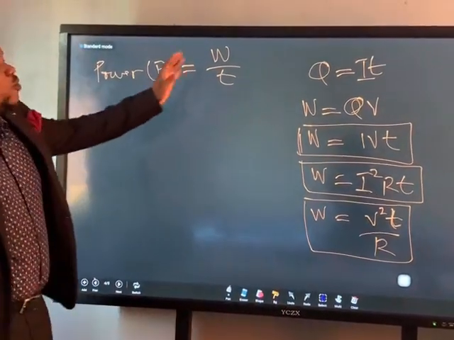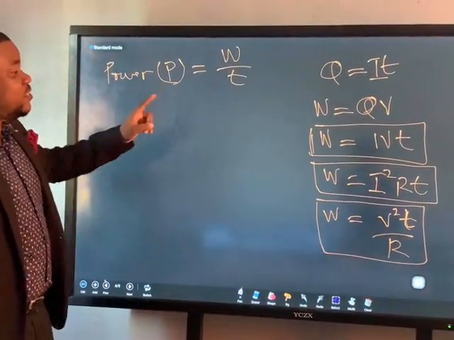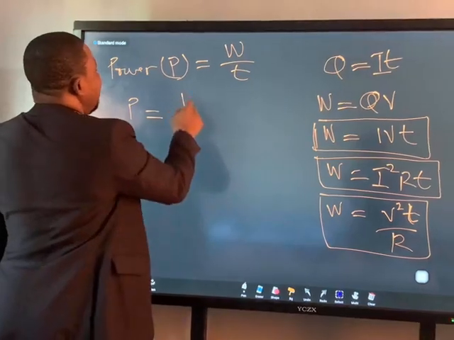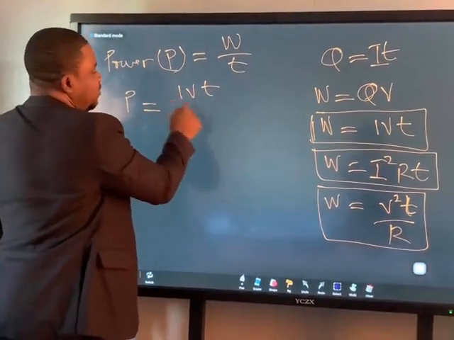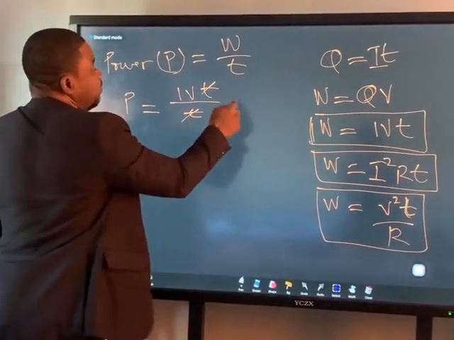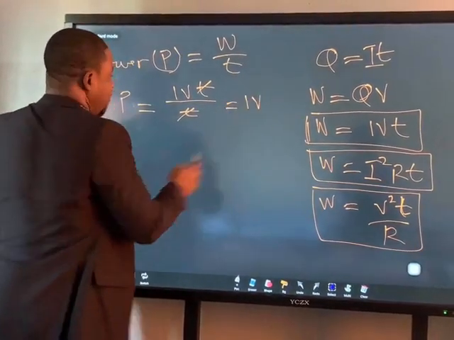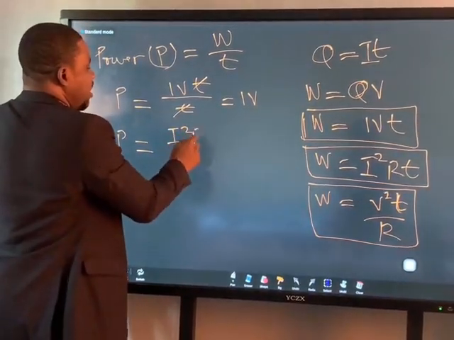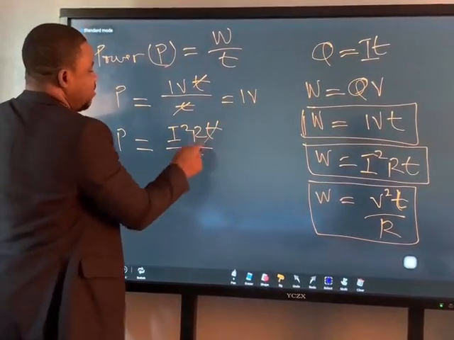Okay, power is equal to work over time. And if this is true, work is IVT, right? Over time. Time will cancel time. So power becomes IV. I can use the other one: I squared RT over time. Time will cancel time.